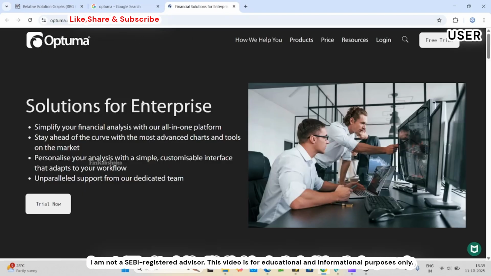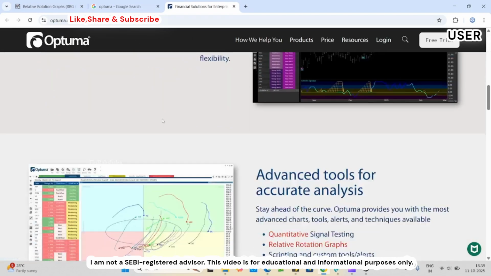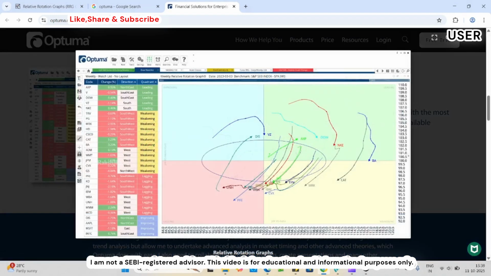I can show it. So this image you can see here. They have given n number of stocks and sectors as well. You can compare them by using this Optima tool. This is a very useful tool, but this is not a free tool.